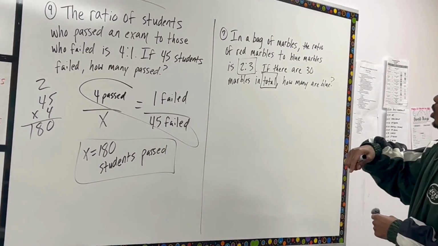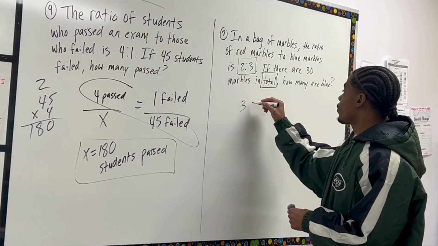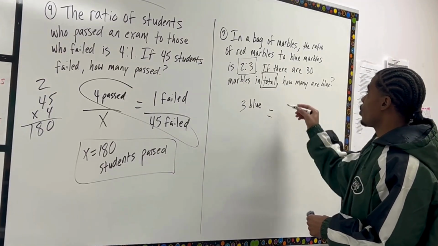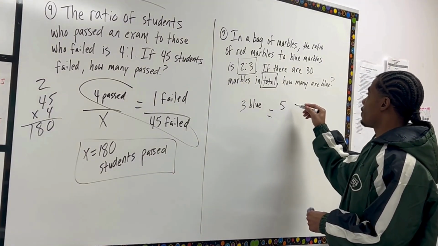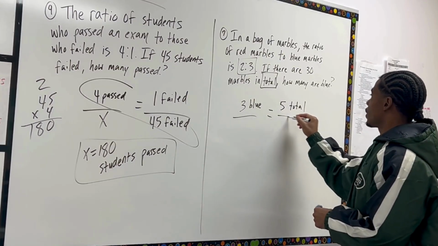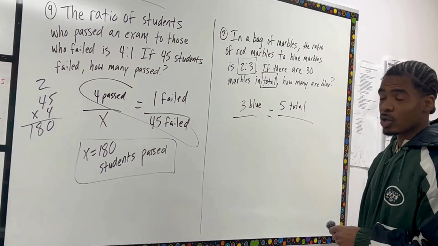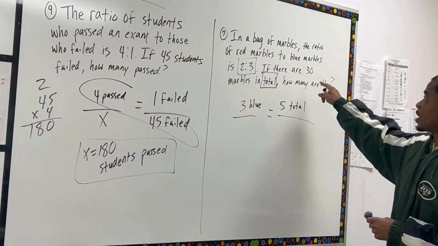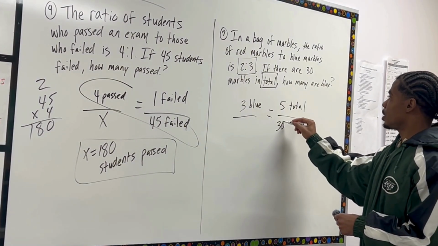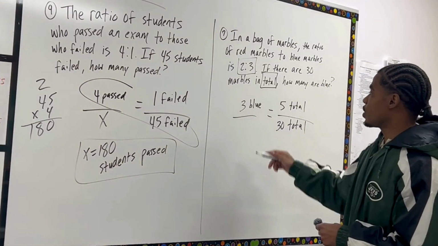If we have 2 red marbles to 3 blue marbles, that means 3 of our marbles are blue, but we have a total of 5 for that ratio. That would be the first part of our proportion. Now it says 30 marbles in total, so we're going to put our 30 here.